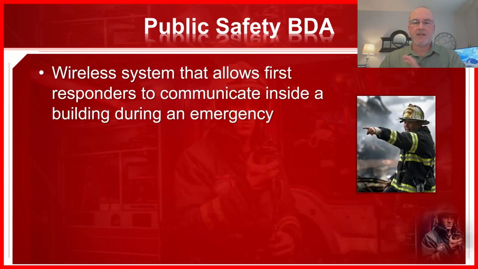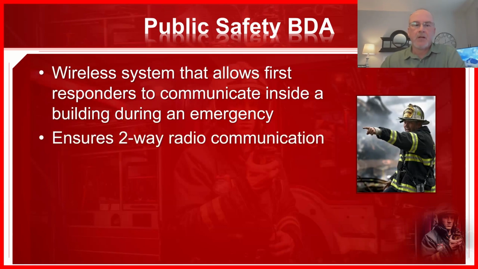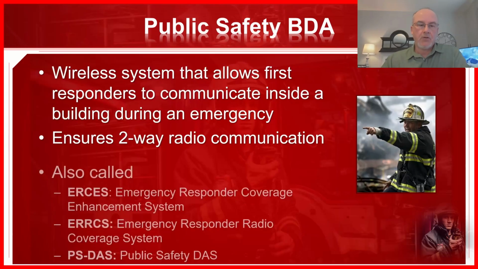That's essentially all this is. It's a wireless system to help with the radios of the first responders, and essentially assuring and ensuring two-way communication in and out of the building for those who need to do that.